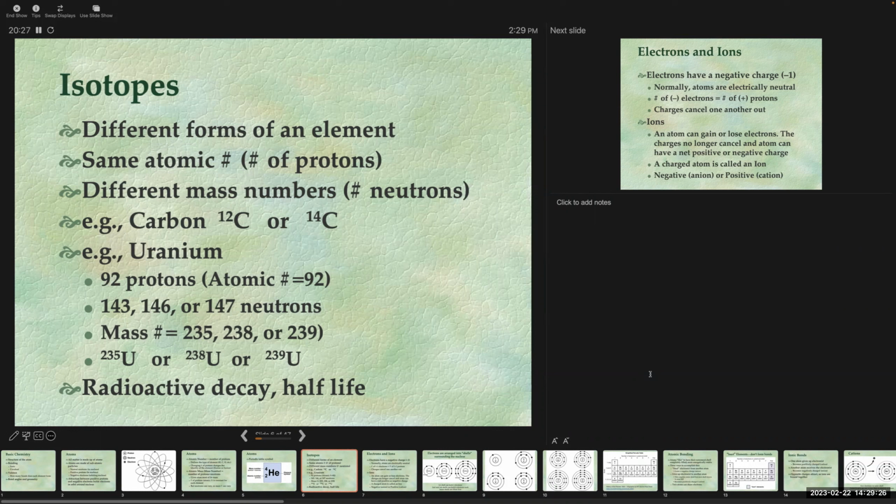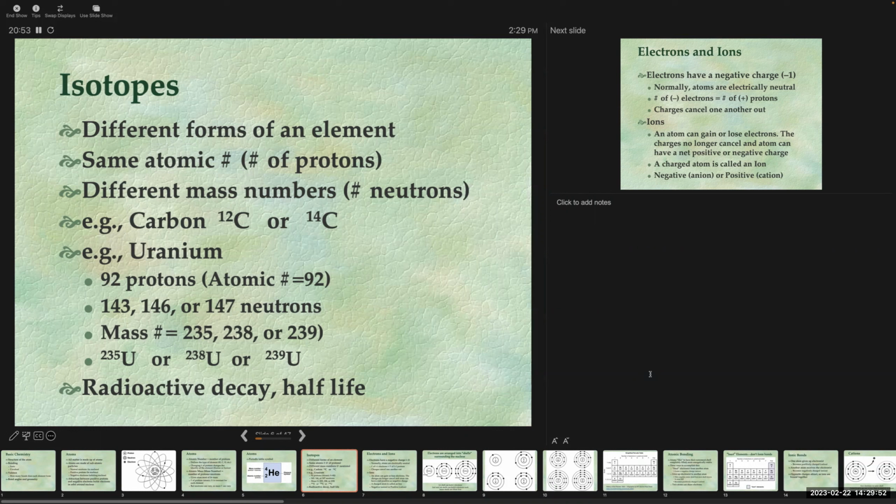A good example of this is you may have heard of something called carbon-14. There's a method of radiometric dating known as carbon-14 dating or radiocarbon dating. Most carbon that exists, at least here on Earth, I don't know about the whole universe, but probably in the whole universe, most carbon is what's called carbon-12 with a mass number of 12.